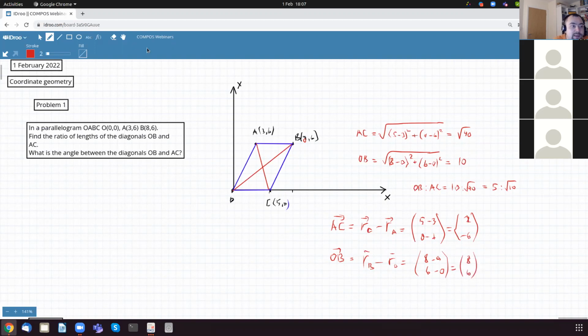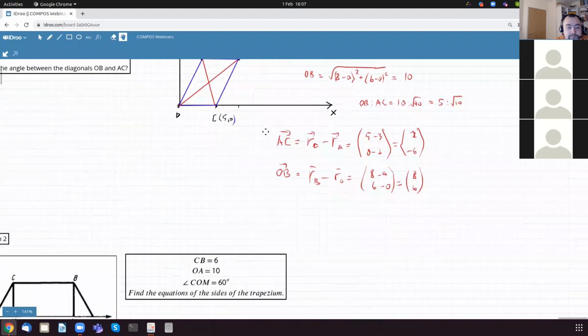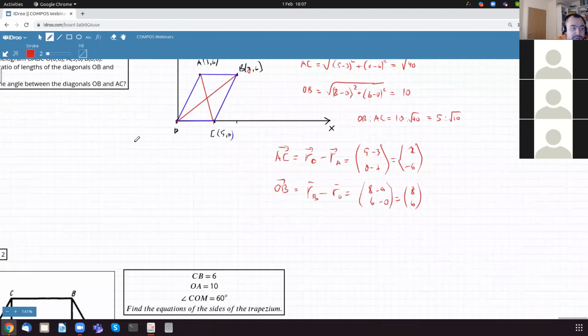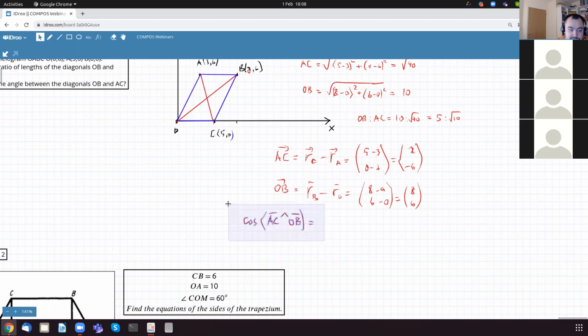And then to find the angle, I say the cosine of the angle between AC and OB comes from the scalar product. Yeah, so let me write this down.